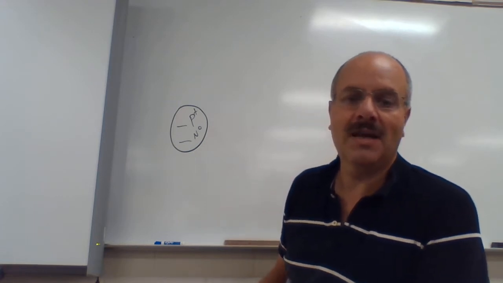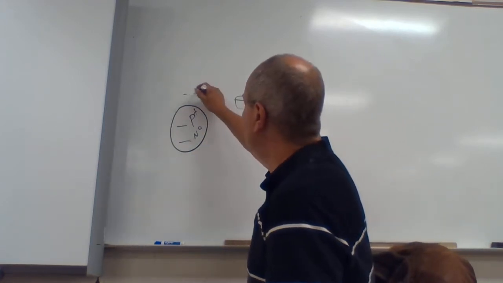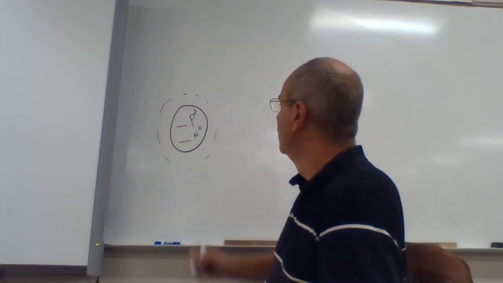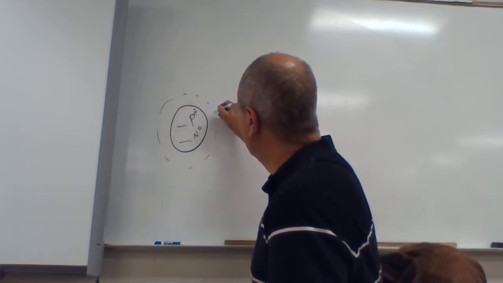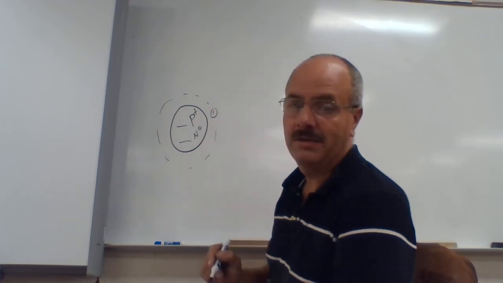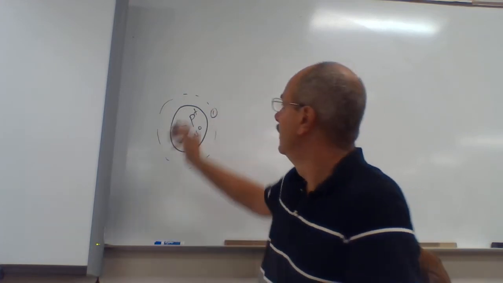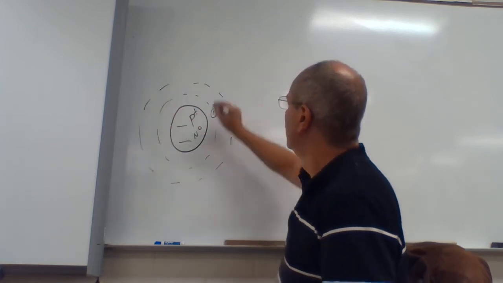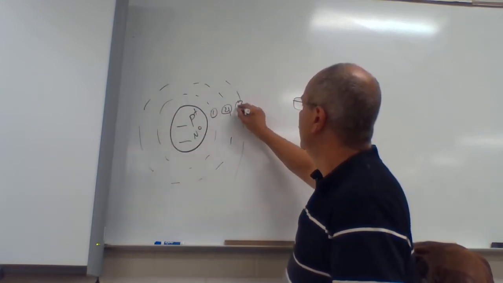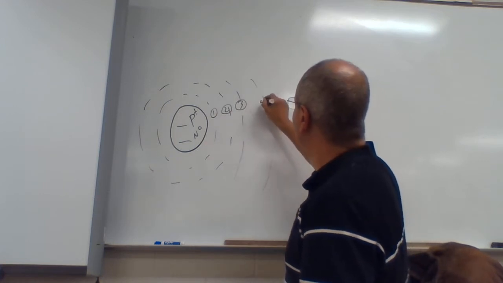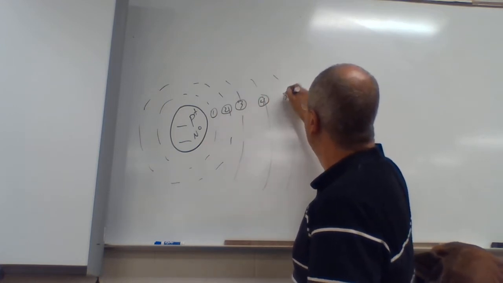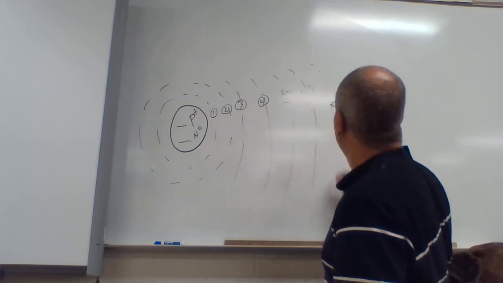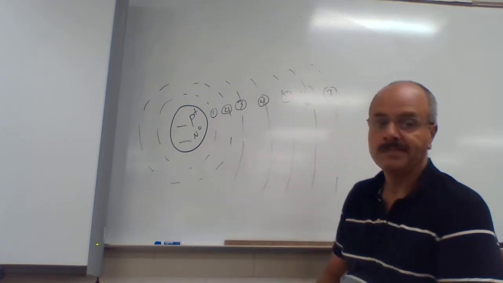As I showed you in the last video, the electrons are in these little clouds, these rings around the outside. This will be my first ring, and that's where the electrons are going to go. Then we're going to have the second ring, the third ring, and the fourth, fifth, sixth, and seventh.